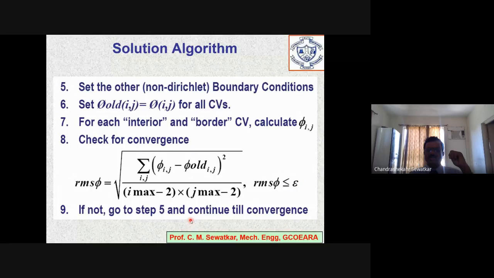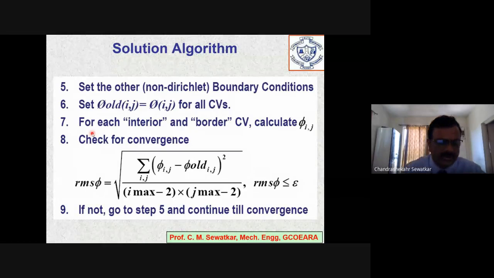Else, go to step number 5, set the non-Dirichlet boundary conditions. These boundary conditions are to be updated, and again go through these points. Thus we iterate many times.